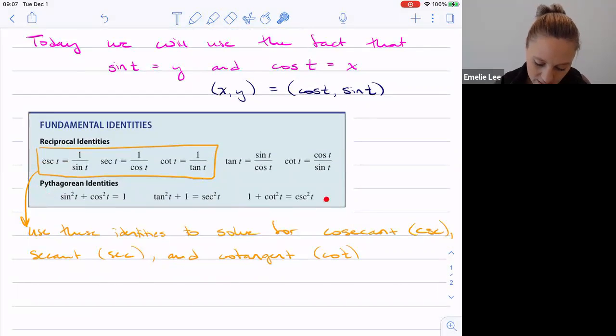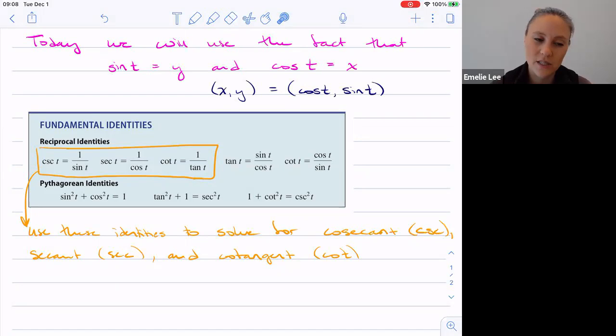The Pythagorean identities are more useful than you think, right? If you have to morph a function, you can look and see: tangent is related to secant, cotangent is related to cosecant, and then sine squared plus cos squared is 1. That's an identity that we use quite a bit. So we can use all these fundamental identities to rework functions to something that we might want.